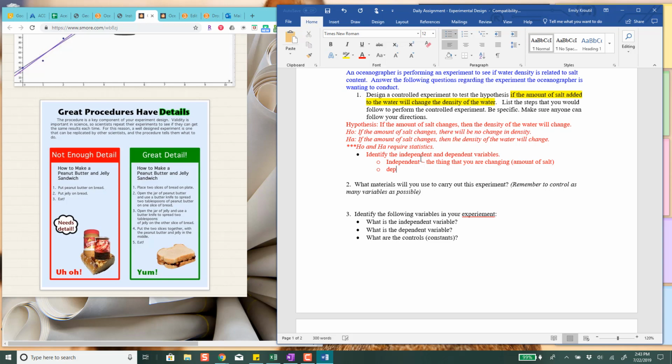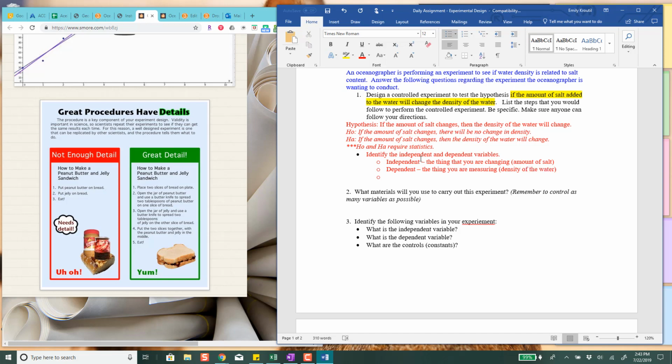And your dependent depends on that independent. So that's the thing you're measuring. So if you look at this experiment, the thing that you're measuring is going to be the density of the water. Okay, so you want to make sure you have that.